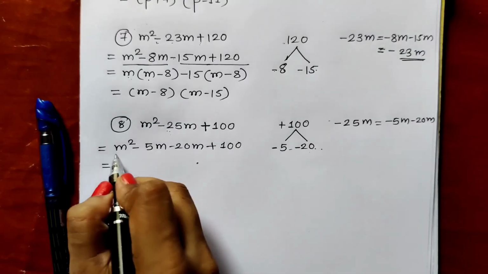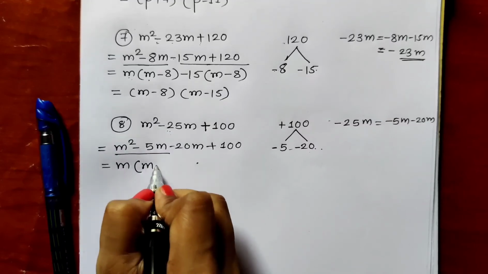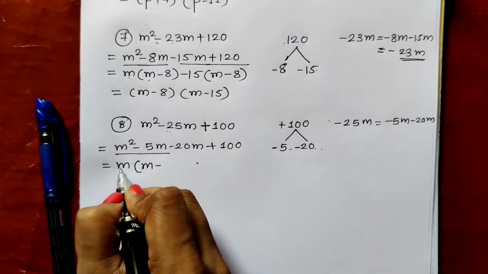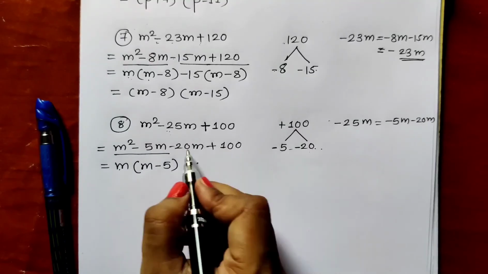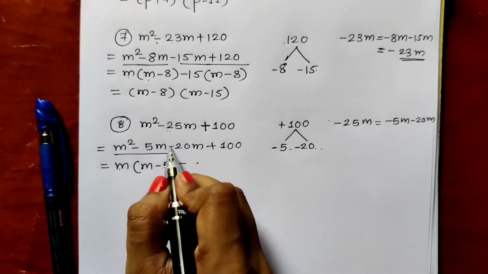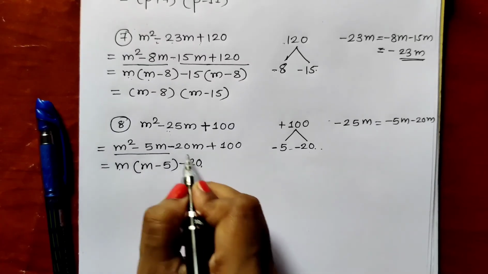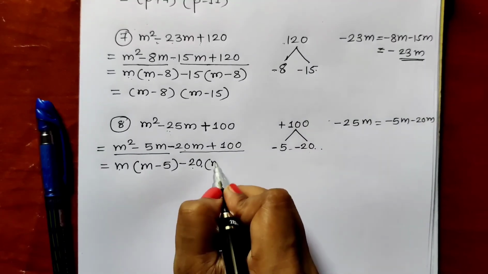Now from the first and second terms, we can take m out common, m is remaining. From minus 5m we take m common, minus 5 remaining. For 20 and 100, 20 is the smaller number. 20 can be taken out common, minus sign is there, so we put a minus sign. From the third term 20 is taken out common, m remaining.